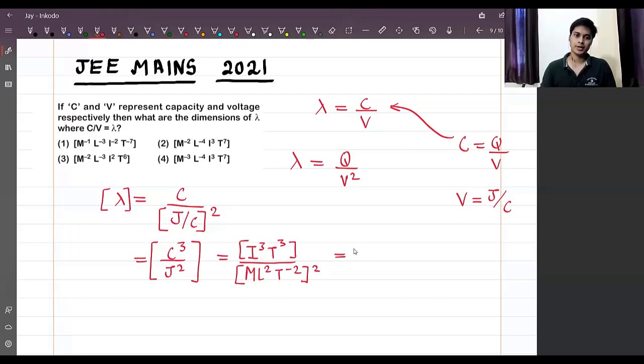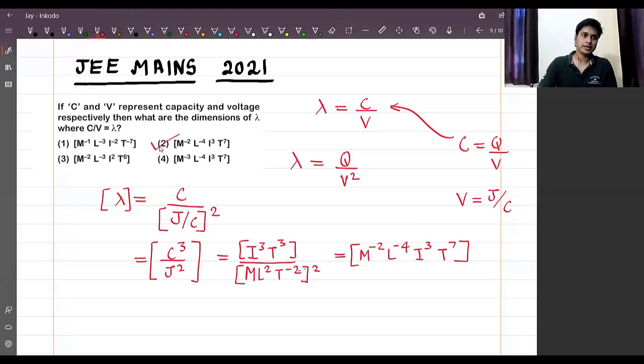So this will give me M squared, it will go above, so M minus 2, L squared goes above, so L minus 4, then I cube, T raised to minus 4, and T cube, they will add up to give you T raised to 7. So M raised to minus 2, L raised to minus 4, I raised to 3, T raised to 7. That is second option. Second option is correct.